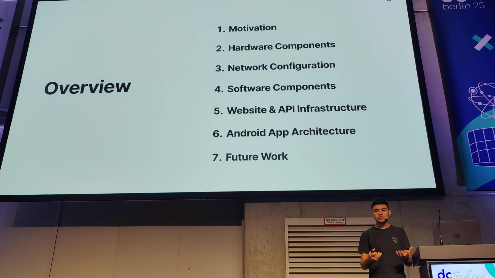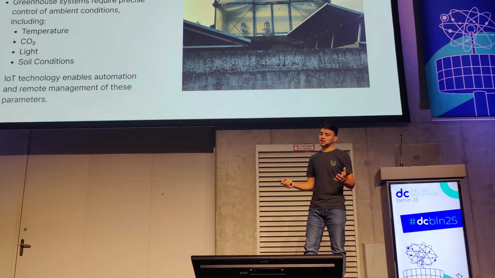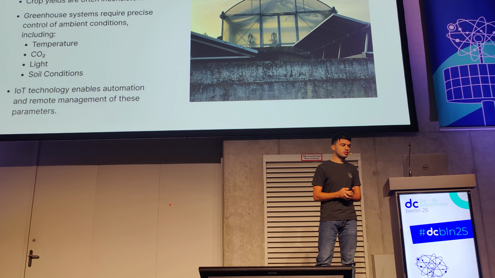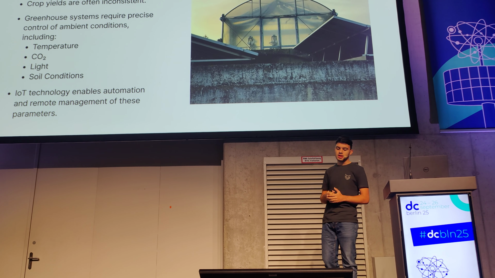You want to keep these parameters as optimized as possible for your crops, which may vary. This may depend on temperature, carbon dioxide, light, soil conditions, etc. So, bit by bit, we need to find a way to control these parameters in a smart system which can give us a nice user interface for farmers to produce better crops.